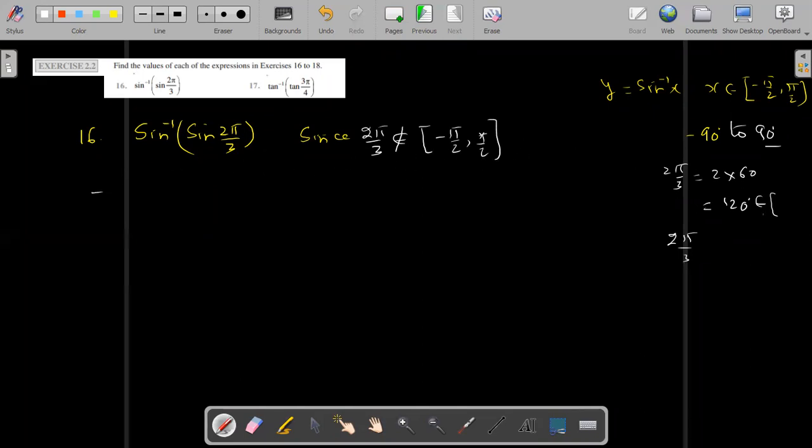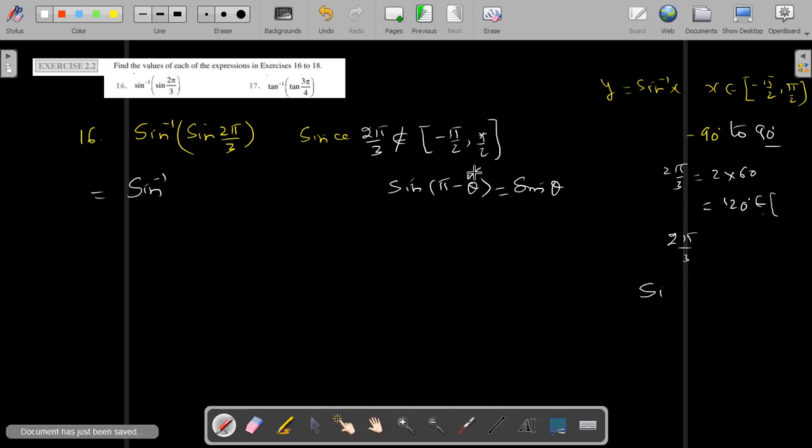So sine theta can be written as, you know that sine of 180 degrees minus theta, that is sine of pi minus theta in the second quadrant, is equal to sine theta. If theta is 2 pi by 3, we will write 2 pi by 3 here.